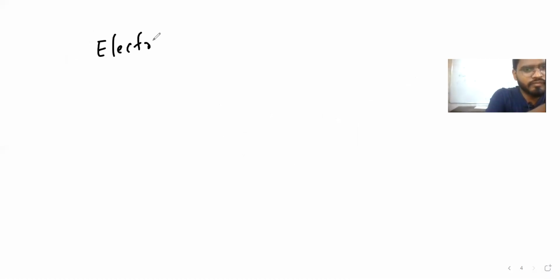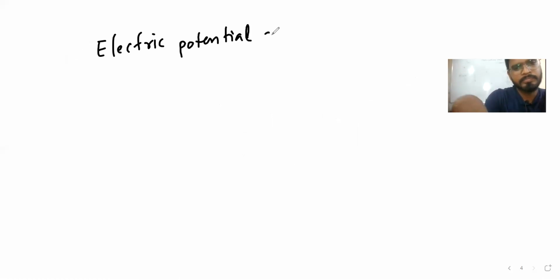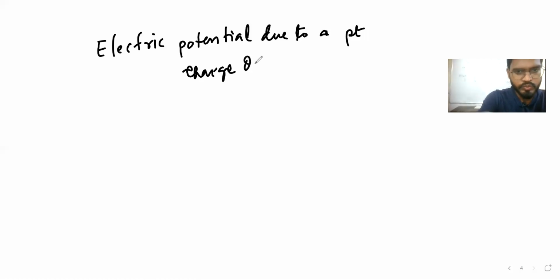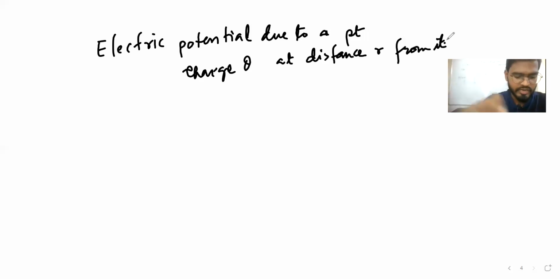So electric potential due to a point charge Q at distance r from it. Now let's derive it.